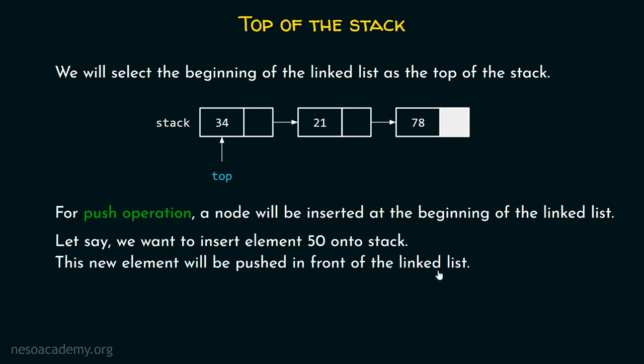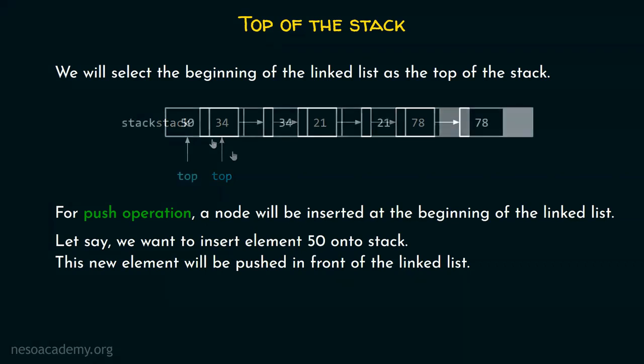Obviously, we must put this element inside a node, and we must insert that node in front of the linked list. And this is how our stack looks like after inserting this element. And top pointer must point to the first node of this linked list. So this is our new top.